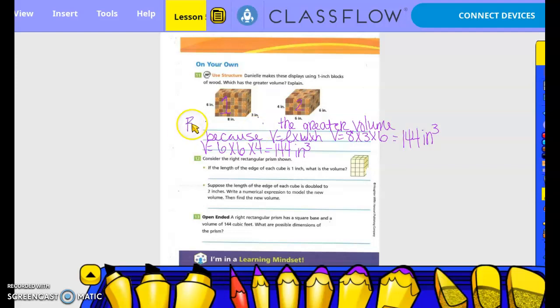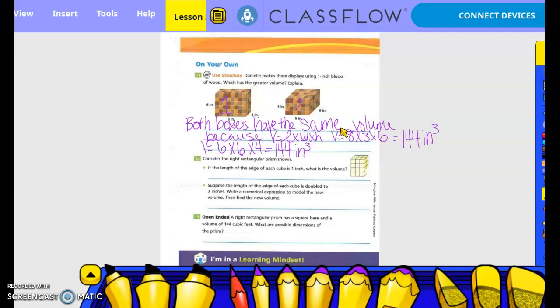So both boxes have the same volume because box 1 is the 144 and box 2 is 144, right?